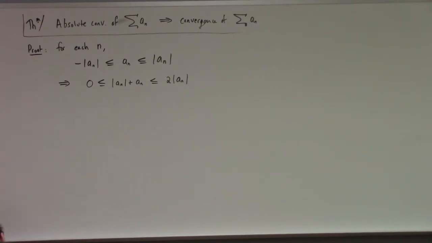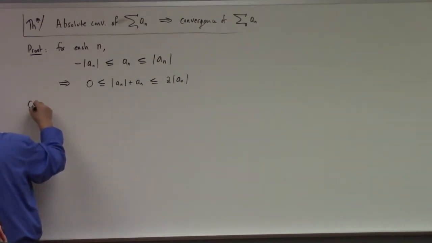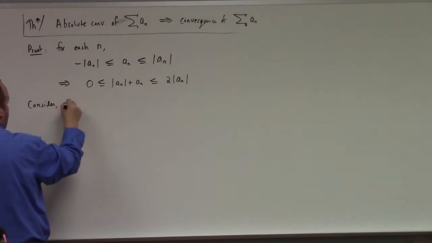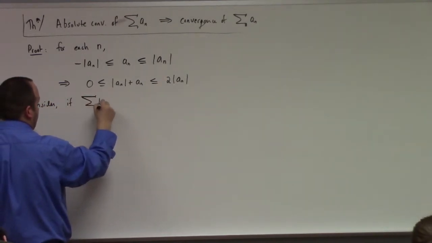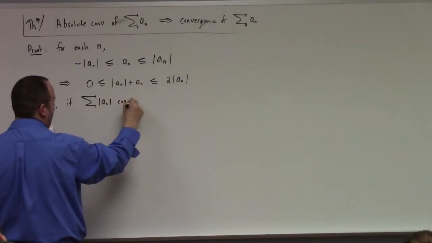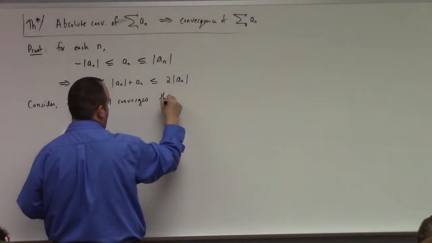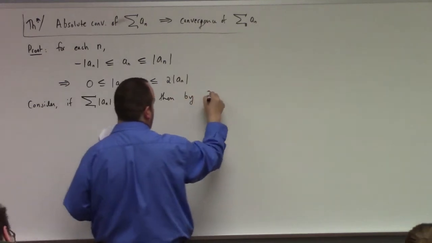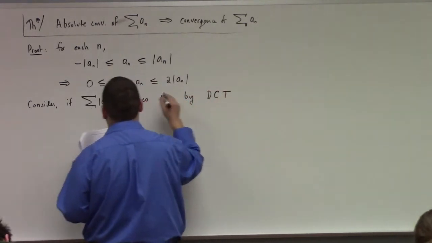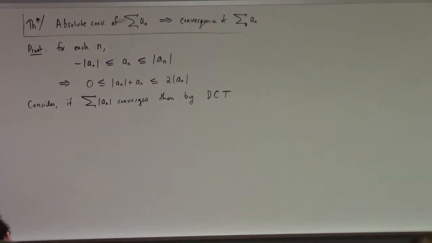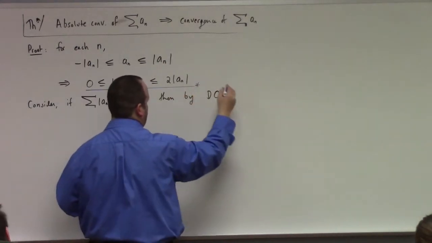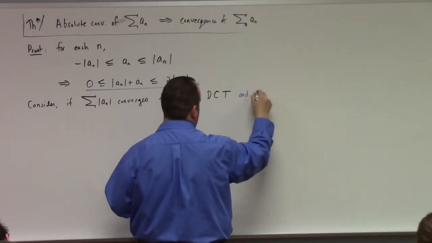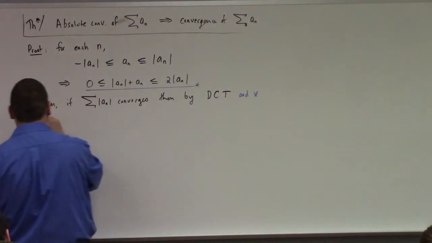So then, consider, if the sum of the absolute value of a sub n converges, then by the direct comparison test and the inequality right above, right? Let me give it a name. By the direct comparison test and the above inequality star, we find what?